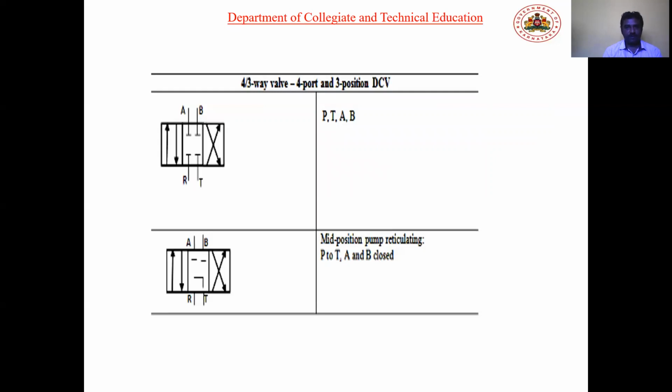Then we have the mid position pump recirculating, where P is connected to T, and ports A and B are closed. That is called the mid position pump recirculating. So this is a 4x3 way valve, a four port, three position directional control valve.